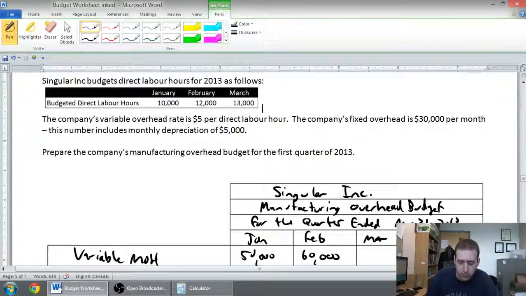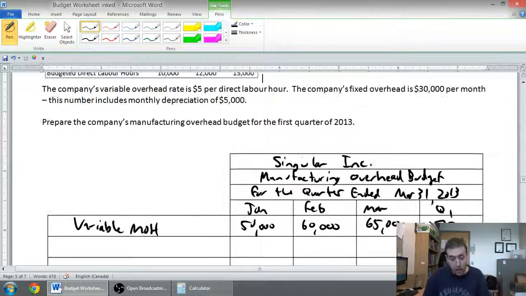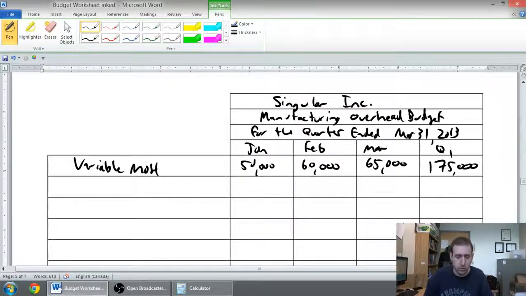Our variable overhead for March, 5 times 13, $65,000. So our total variable overhead, 50 plus 60 plus 65, I believe that is $175,000. Our fixed overhead is $30,000 a month.